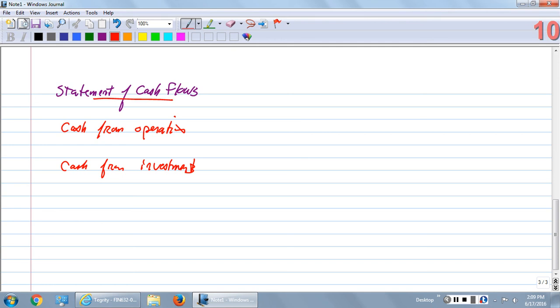And finally, we've got cash from financing activities. If we sold some bonds, for instance, we issued some bonds, that's going to be money that comes in, and it was associated with financing. Perhaps we paid dividends. Well, that's going to be associated with our financing because that was from our equity capital that we had raised.